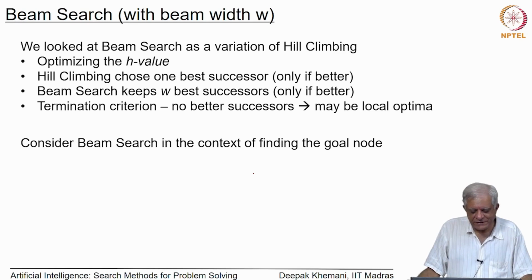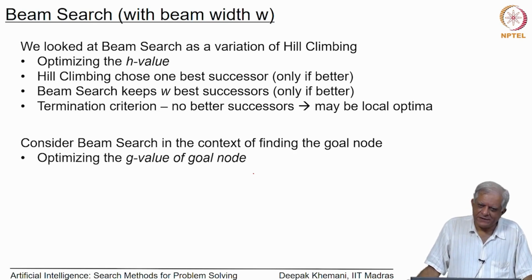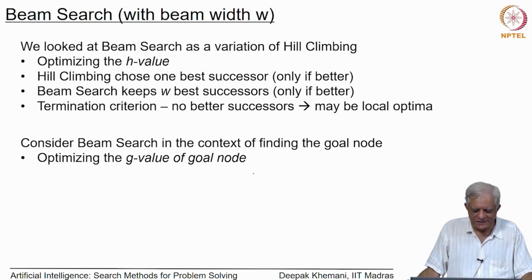In fact, in A star we are interested in finding an optimal path to the goal node, and in that context what we are optimizing here is the cost of the path that we found to the goal node, and that cost is the g value of the goal node.